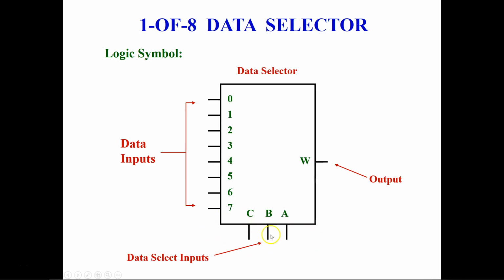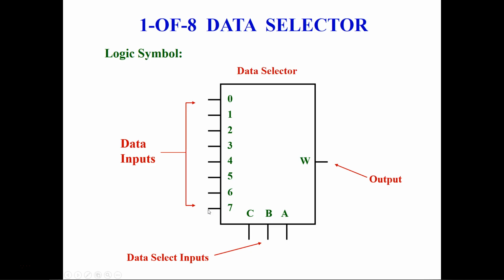So if you have 0 0 0, whatever the output is at this input will go in here. If you place 1 1 1, it will select this input, and whatever the output is at this point, it will be sent out here. Okay, so you can think of a data selector as compared to a rotary switch.